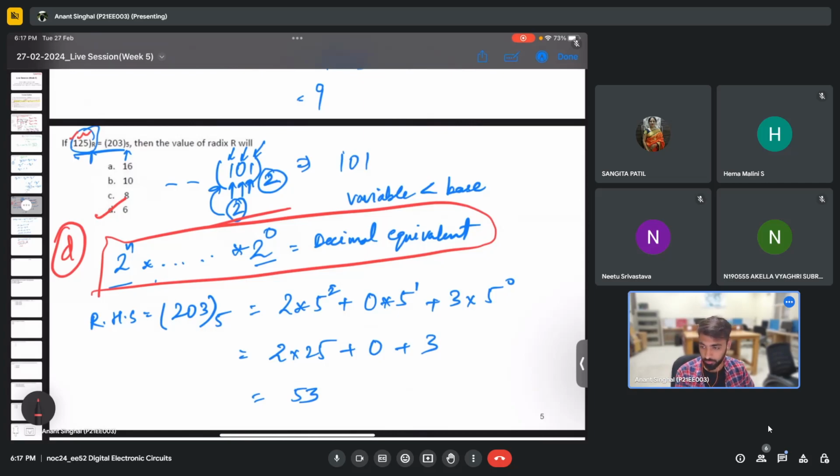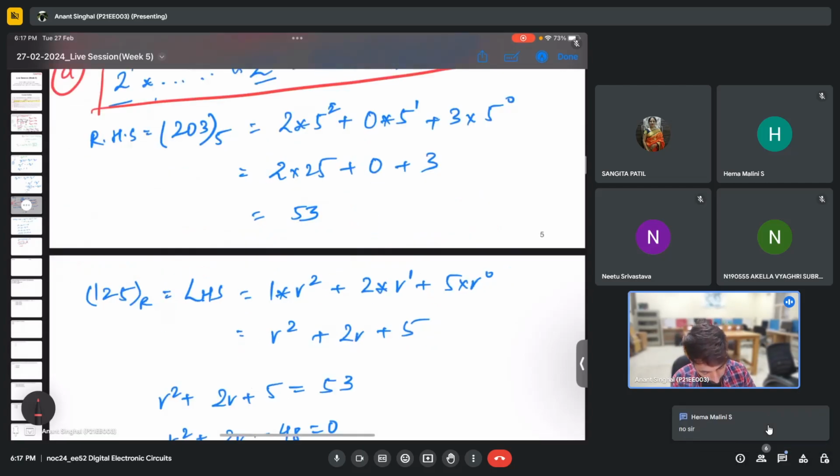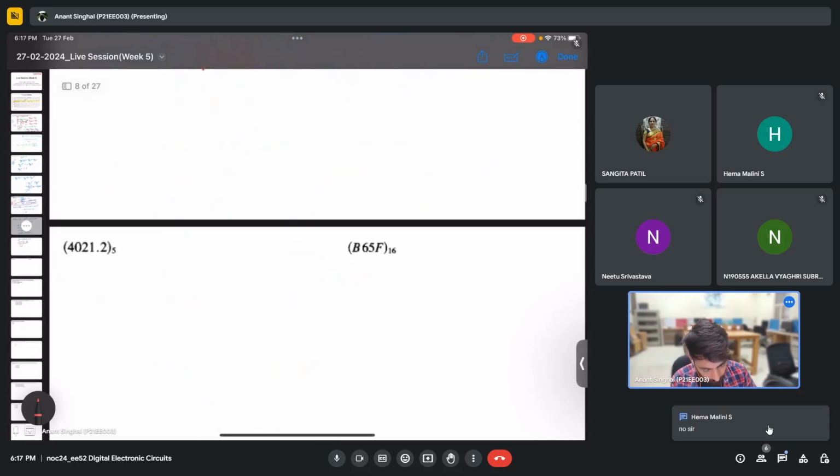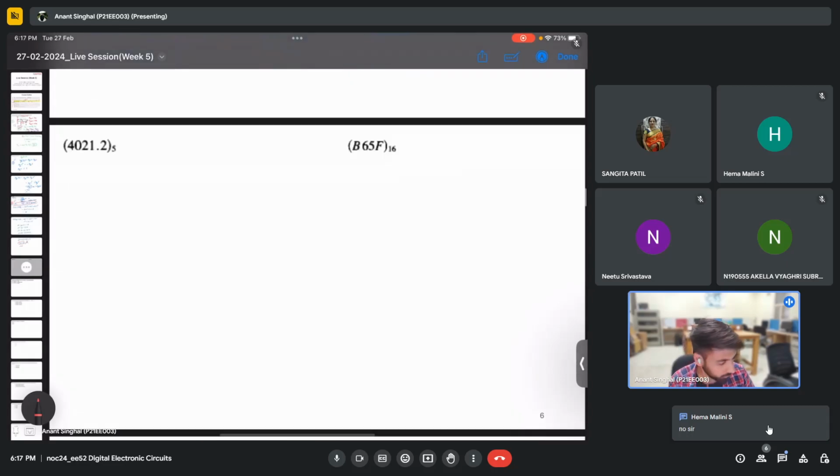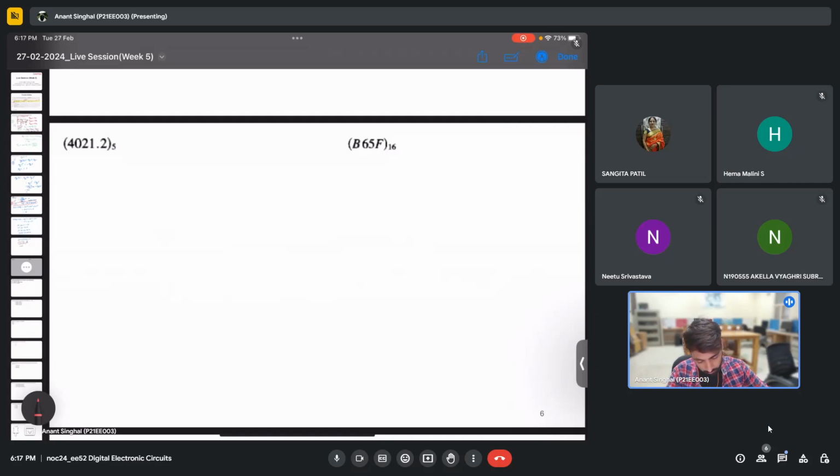Is there any doubt? Fine, then we can proceed. So these are some conversion basics. Let's try to convert first of all this into decimal, and let's try to convert all of them to their decimal equivalents.